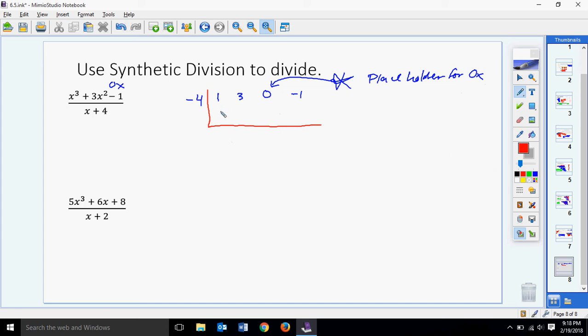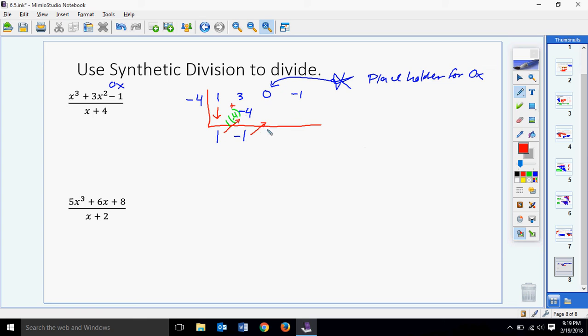Okay, so let's remember what we do first. We drop down our 1. Then on our diagonal, we want to make sure that we multiply. So remember, we're doing the 1 here times the negative 4. 1 times negative 4 would give me negative 4. As soon as I'm vertical, I want to add. 3 plus negative 4 gives me negative 1.